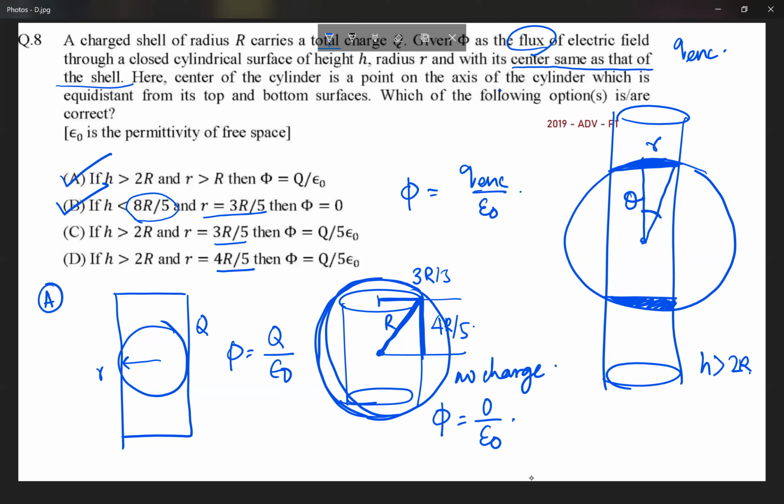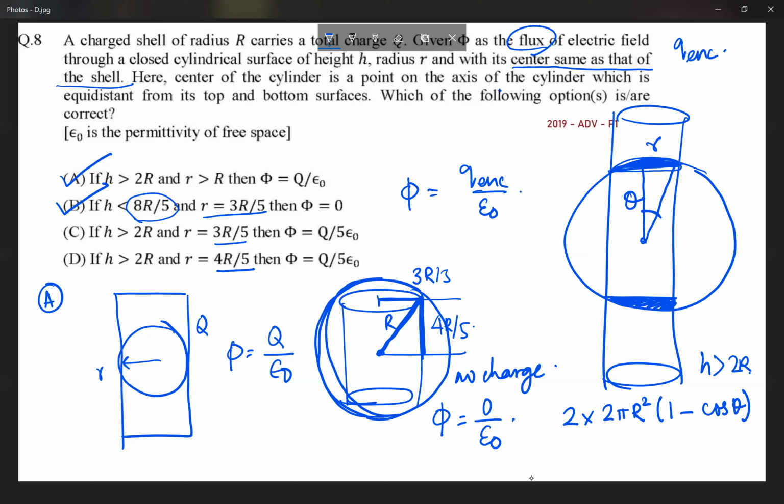So we can say that the area enclosed between these tiny caps is equal to 2 into 2 pi R square into 1 minus cos theta. Or you can do the integration. The integration is fairly straightforward. Now it says that small r is equal to 3R divided by 5.